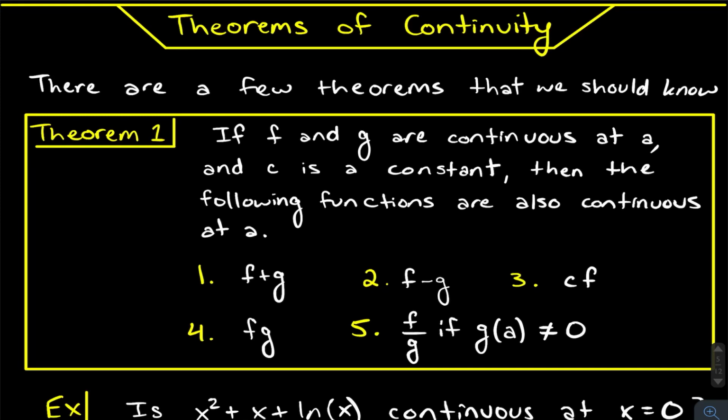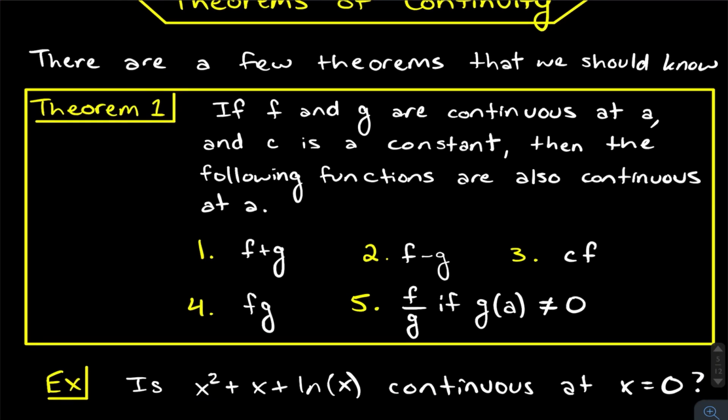So the first theorem is that if f and g, just two different functions, are continuous at some x equals a, and let's say that c is a constant, then the following functions are also going to be continuous at a.